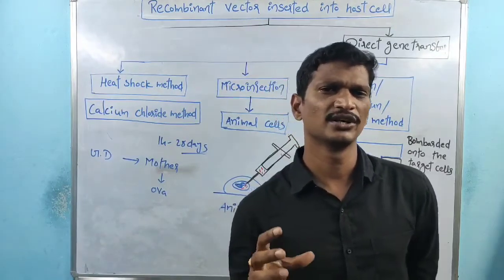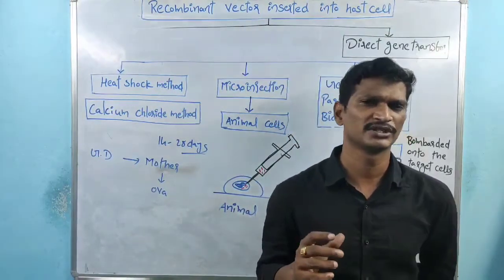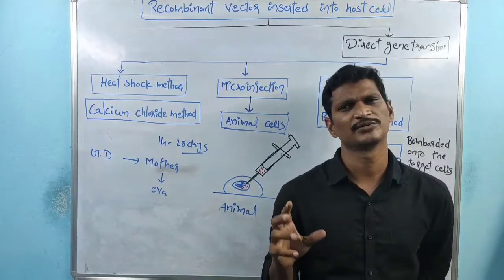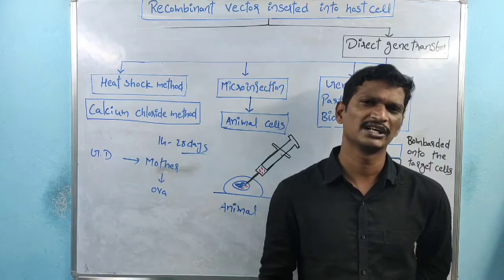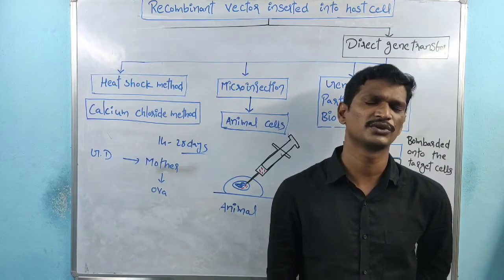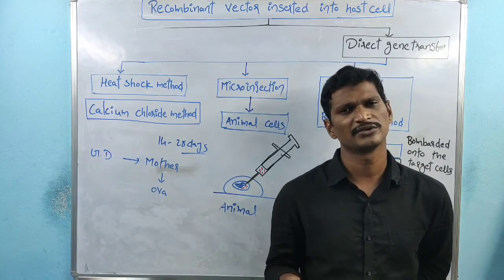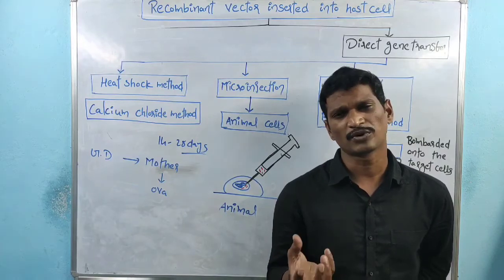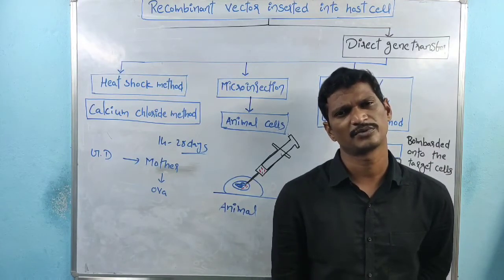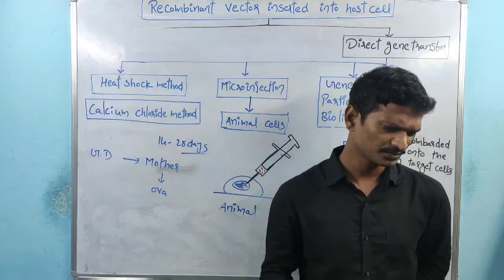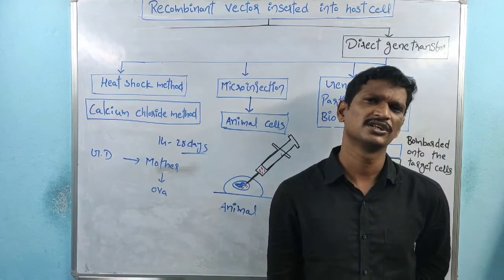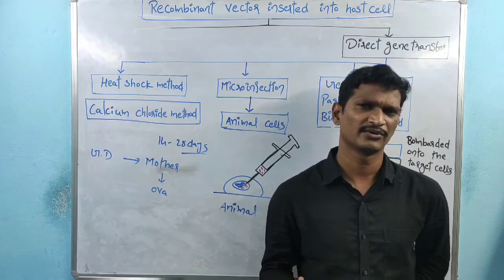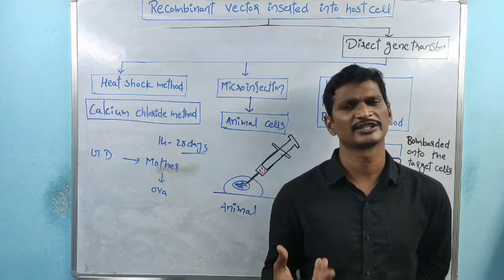The reason is that complexity is more in eukaryotic cells and less in prokaryotic cells. The raw material is also very cheap. For the cultivation process, we need to supply nutrients. For eukaryotic cells, the process is expensive, because more nutrients are required and all these nutrients are very expensive.